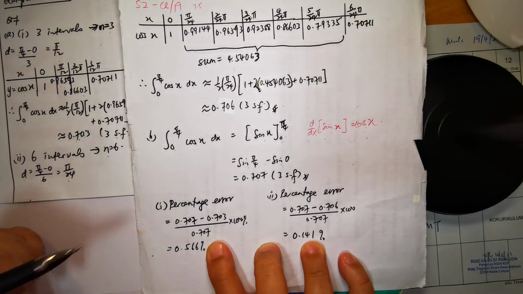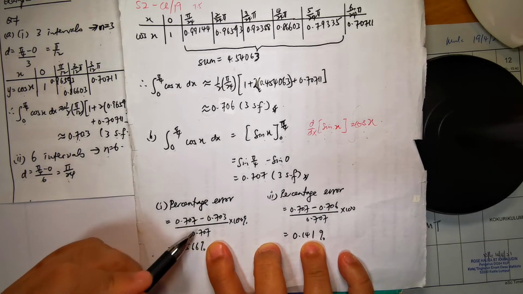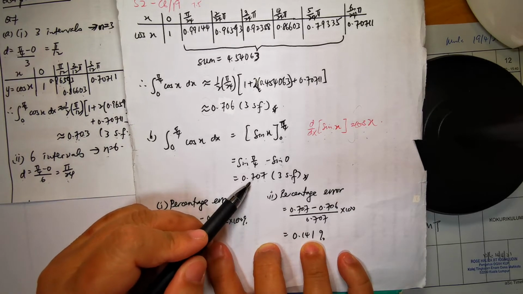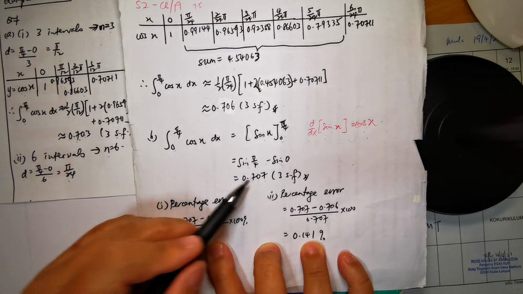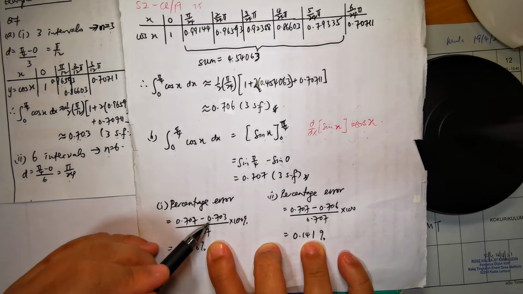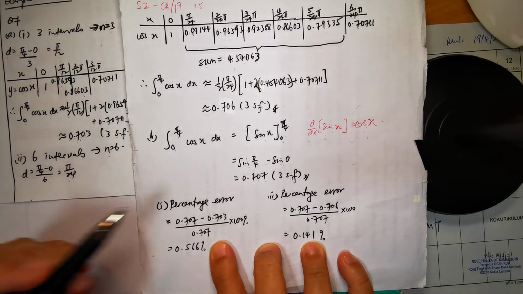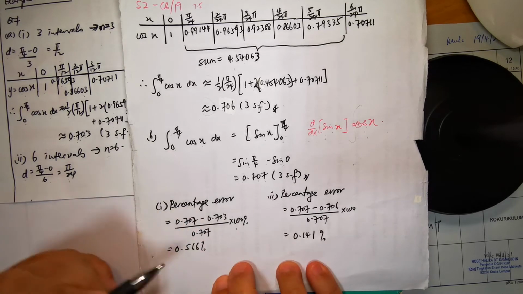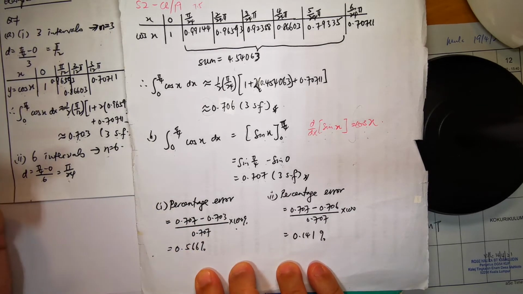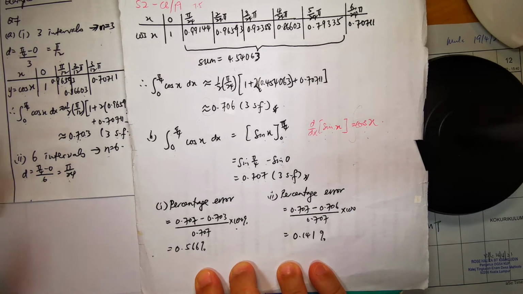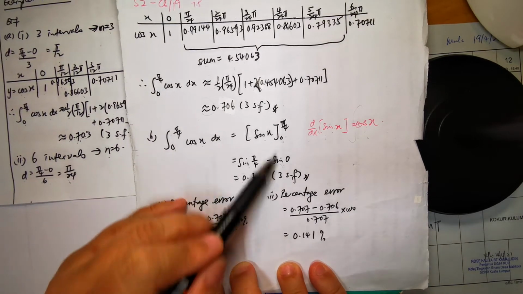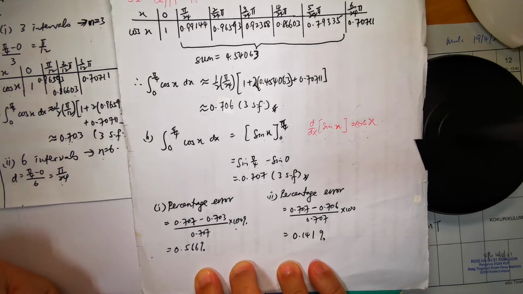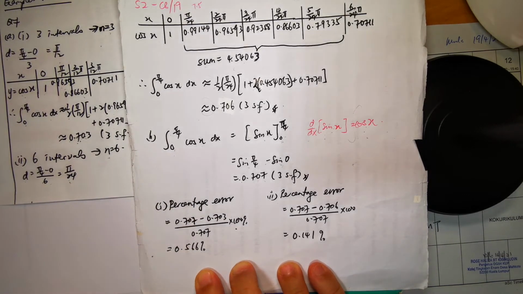It depends which value is bigger, but the denominator must be the actual one, the exact answer from integration. Then multiply by 100%. So the answer is 0.566%. Percentage error means the difference between the answer from the trapezium rule compared to the answer from the actual integration. It's only 0.566% different.